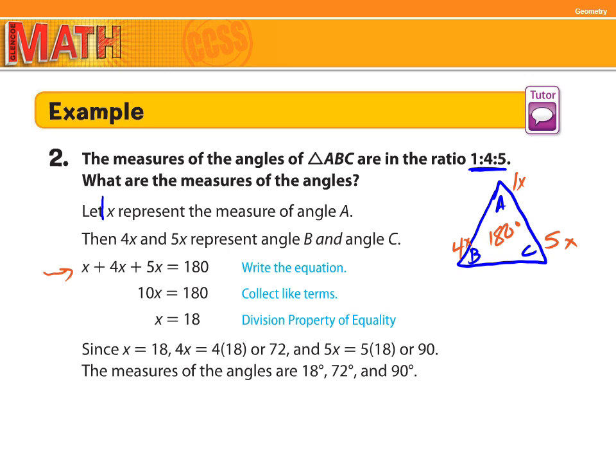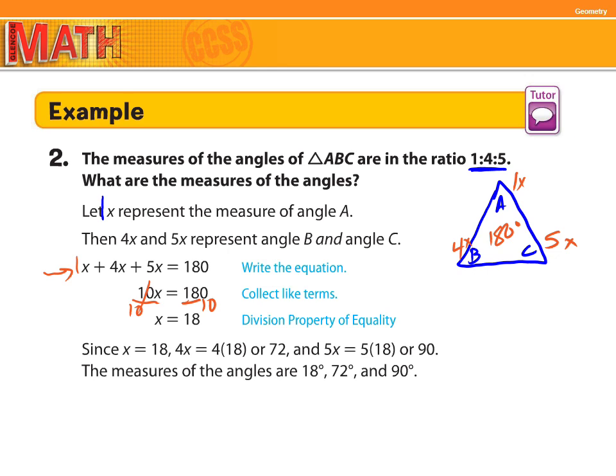Combine like terms. 1x plus 4x is 5x, plus 5x is 10x. We divide to simplify using the division property of equality. 10 divided by 10 leaves us with 1x, and 180 divided by 10 is 18.